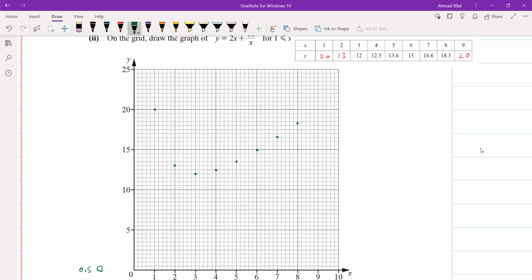And then finally we've got 9 and 20. Okay, so these are all the points plotted.